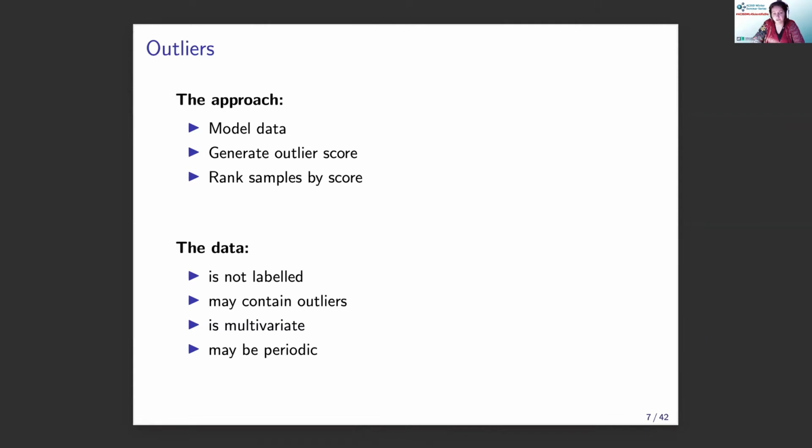I'm going to use this for each algorithm to generate an outlier score, and then I'm going to rank the samples by a score. Now, some other people, when they do this, classify as outlier or not outlier, as a binary thing. And I don't think this is as useful as a ranking, because sometimes you might be very much interested in just one or two of the most extreme outliers.